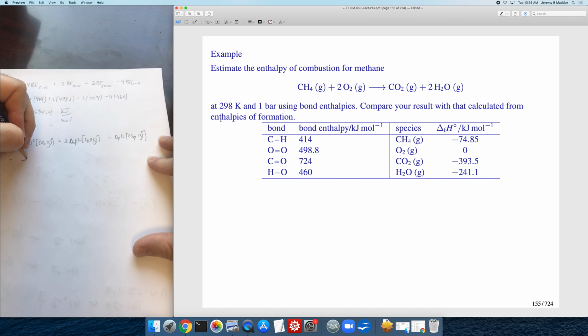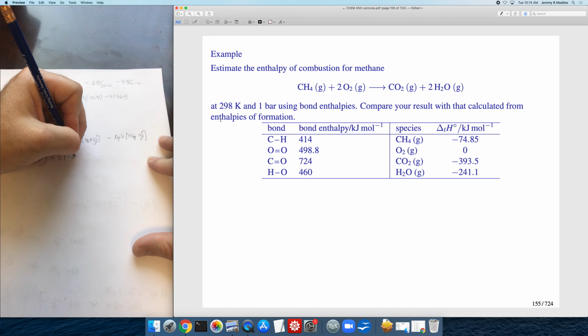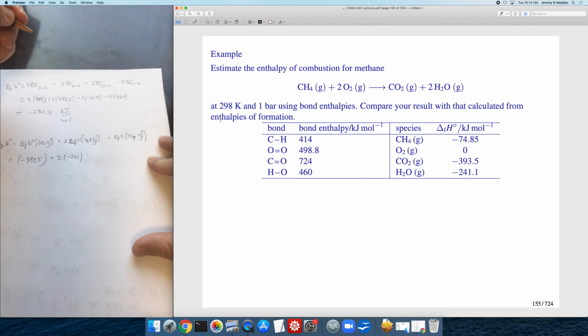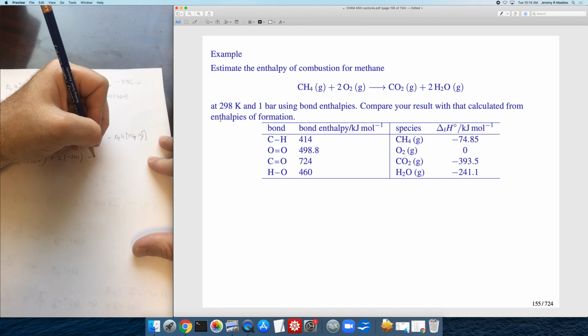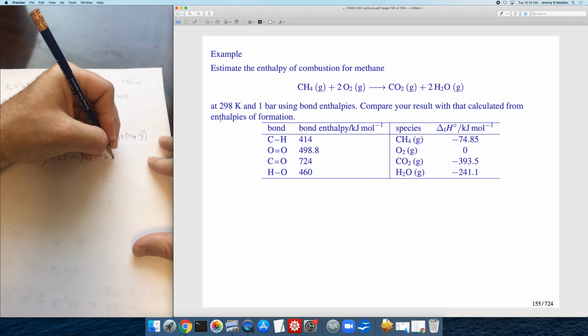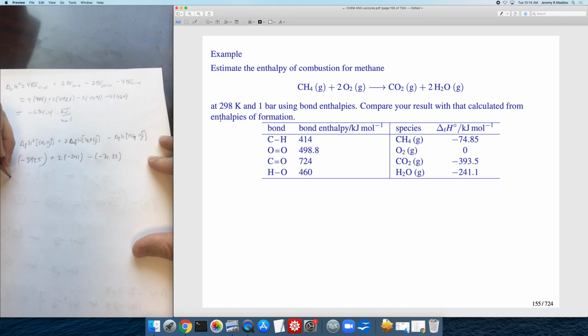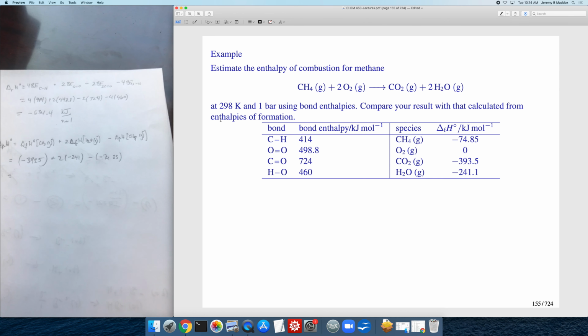So we've got minus 393.5 plus 2 times minus 241 minus the number for methane. I'm kind of curious myself.